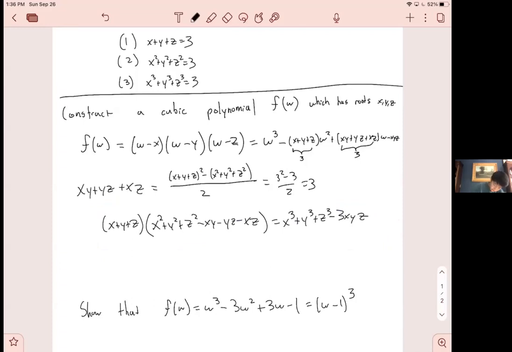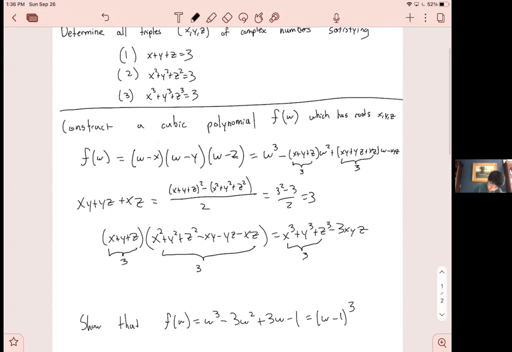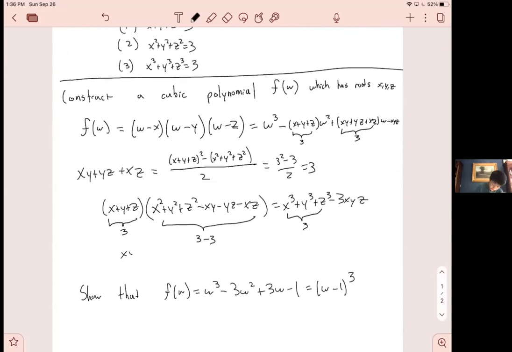And so this part is 3, this part is 3, this part is 3 minus 3 from earlier. So this means that xyz equals 1. And thus we have shown that f of w equals w cubed minus 3w squared plus 3w minus 1, which equals (w minus 1) cubed. And so this means that x, y, and z are 1, 1, and 1.